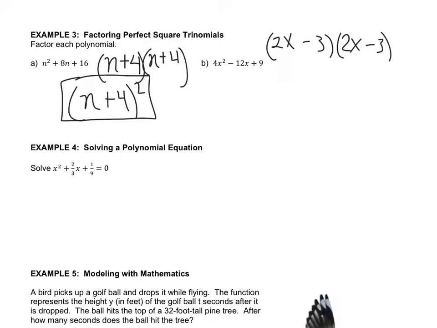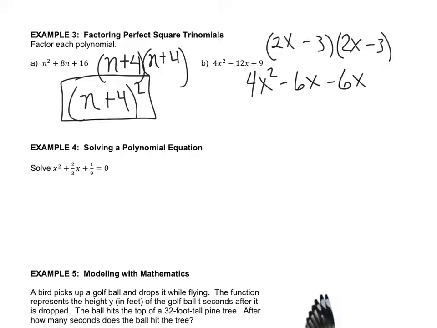As you check this, 2x times 2x, there's your 4x squared. When I go to the middle ones, I get negative 6x. I get another negative 6x. So that's going to help me see what that middle term is. They don't cancel out this time.